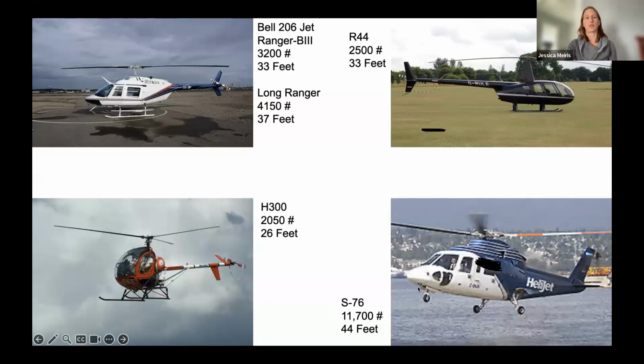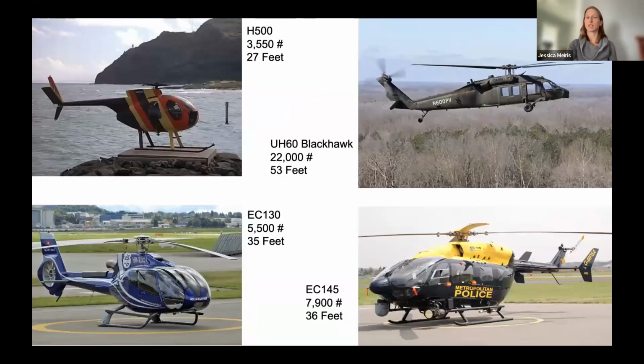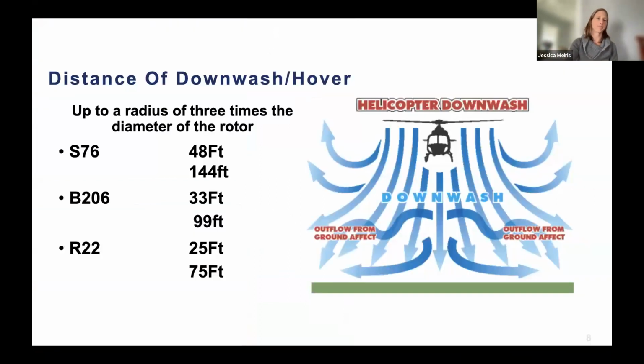The S-76 on the bottom right is 11,700 pounds with a 44-foot rotor diameter, so considerably bigger. And the Black Hawk, upper right, is 22,000 pounds with a 53-foot diameter. These are tremendously big helicopters that can have a much bigger impact in their wake turbulence compared to some of the smaller ones. Doesn't mean we get to discount the other ones by any means, however, weight and size does make a big difference here.